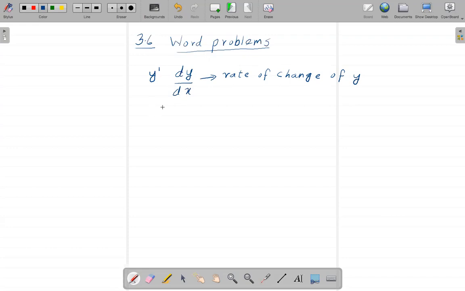All right. So instead of saying dy over dx, I can also say dy over dt. Basically, again, it's the same thing. This is also a rate of change of y, but here we have t on the bottom. It's a variable, so it doesn't matter, but when you write t, generally we can think of t as time.